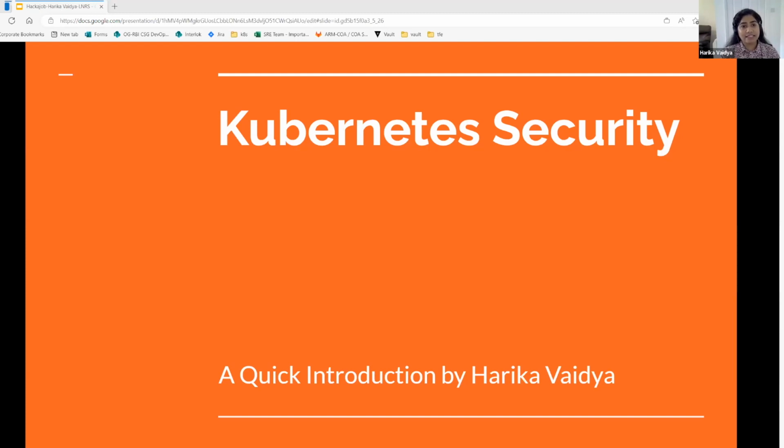And there's an API server, which is a central control point for the Kubernetes cluster, responsible for managing and exposing the Kubernetes API. And there is etcd, which is a distributed key value store that stores configuration data for the cluster. And there's a kubelet. It is an agent that runs on each node and is responsible for managing the containers and communicating with the API server. So this is the overview of architecture for those who are new.